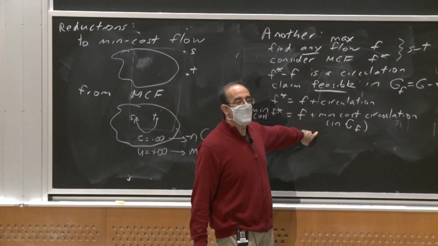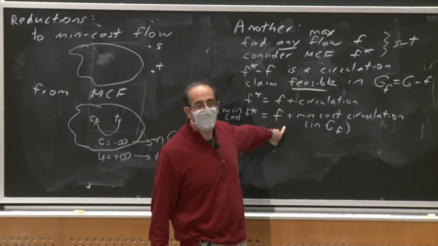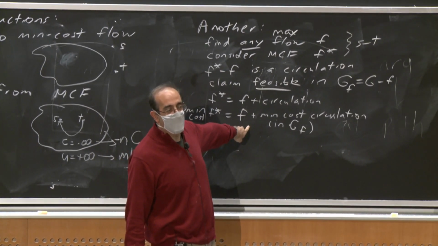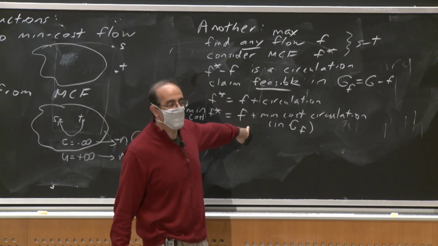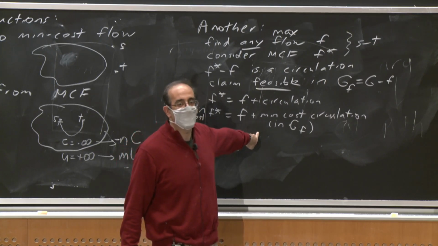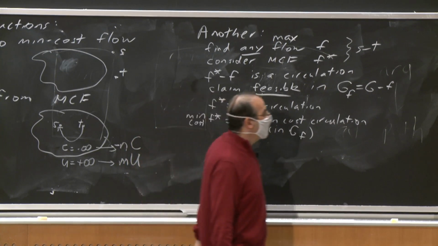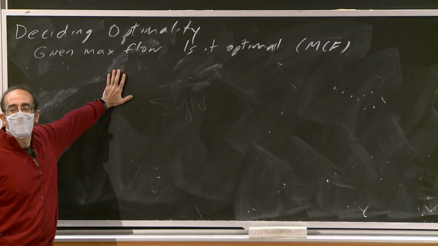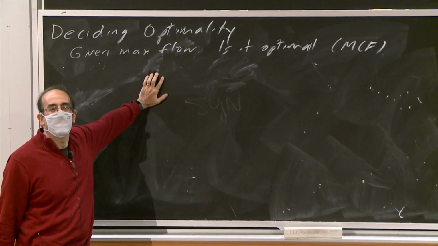This says that the difference between flows is a circulation. And if you're going from a flow to a min cost flow, the way to do that is through a min cost circulation. So if you're already starting with the min cost flow, what does that tell us about this reduction?